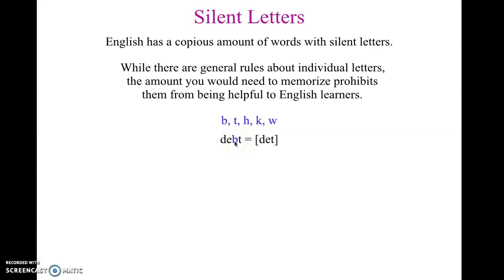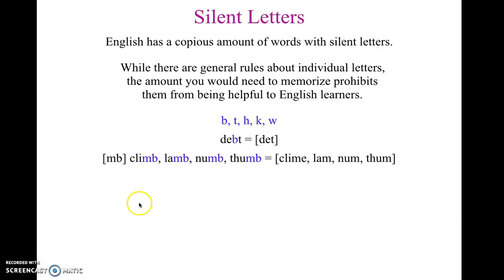No B, no debt. Right. Also for the B, in this case with an M and a B, climb, lamb, numb, thumb. They all sound like this. Climb, lamb, numb, thumb. No B.